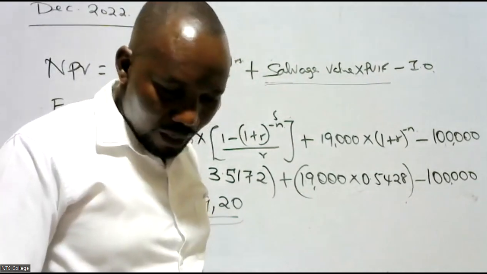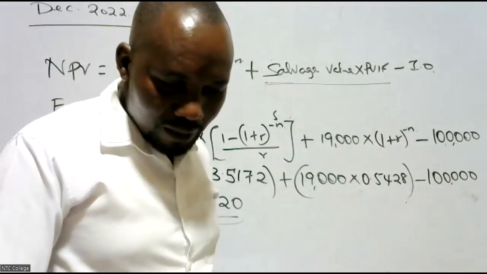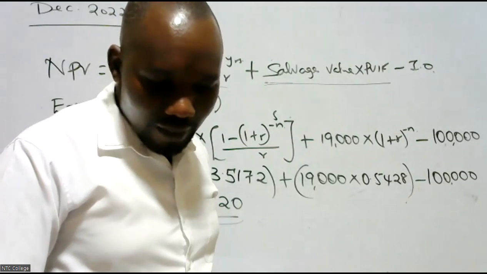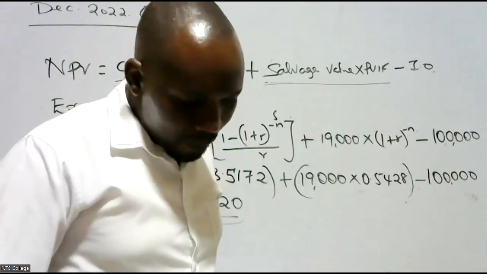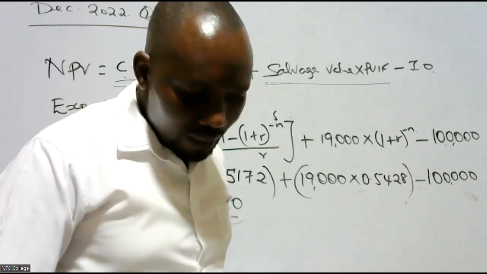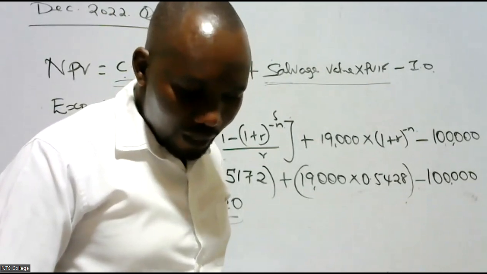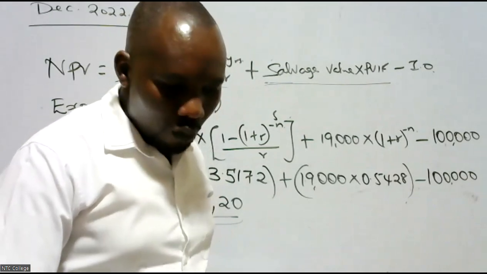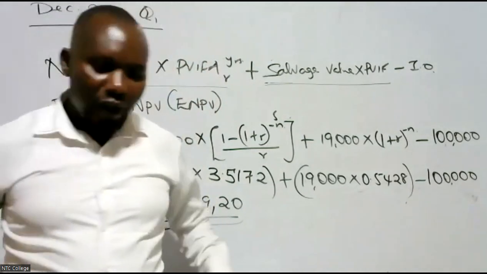So I want us now to look at the second part, which is sensitivity analysis of the salvage value. Now they are saying that a sensitivity analysis of the salvage value, if this variable changes from the base. So what is the base? What is the base salvage value? Forget about the first one.